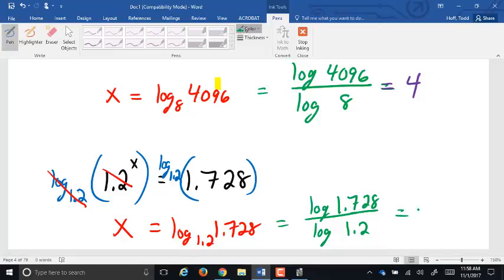That calculates out to be what? Three, perfect.